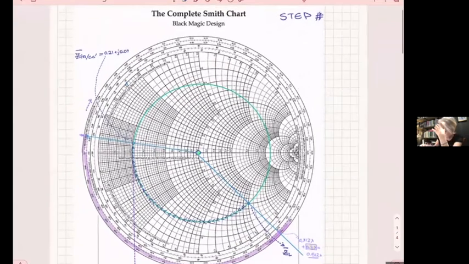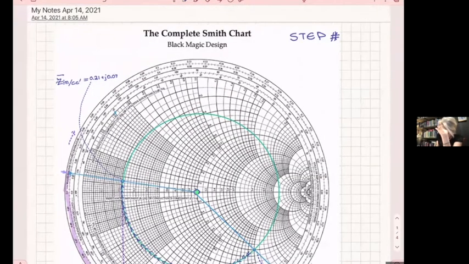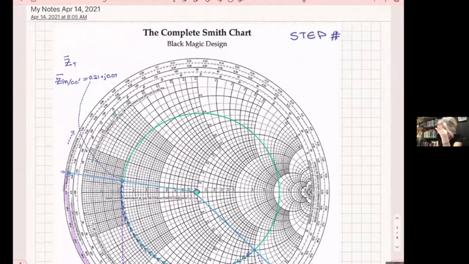So ZT here should be minus J plus Z in at C prime, which makes it 0.21, and then it's minus J, 1 minus 0.07, it makes it 0.73.